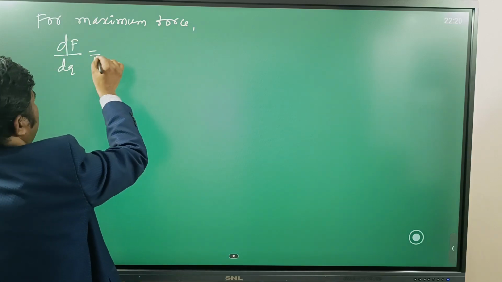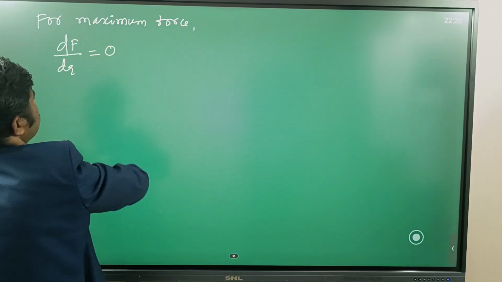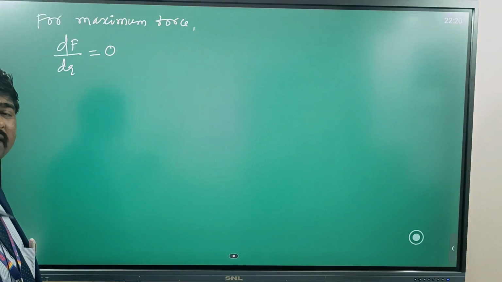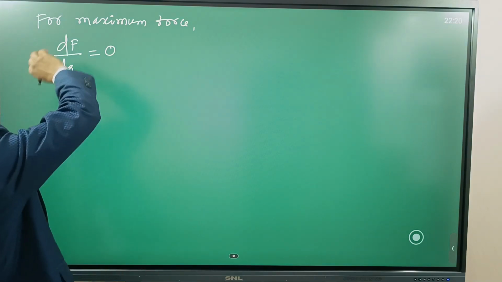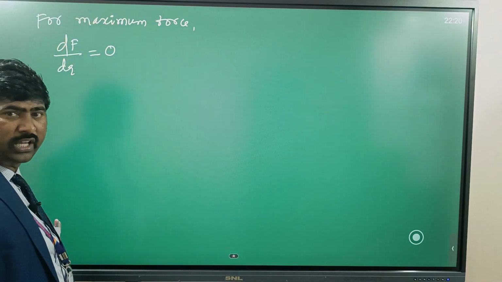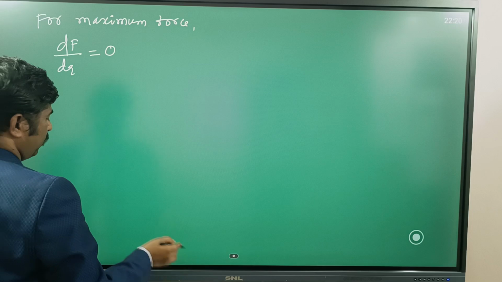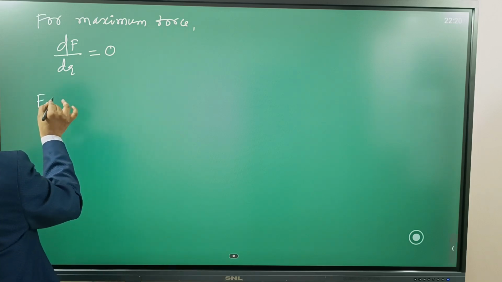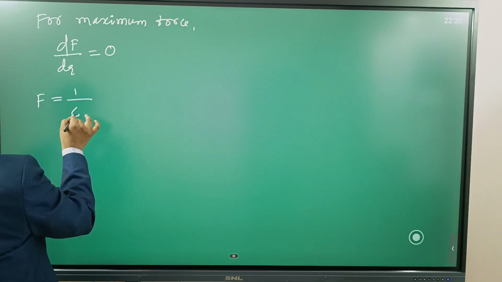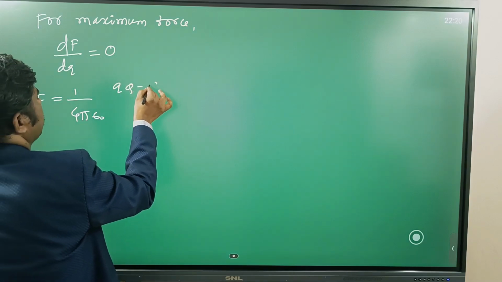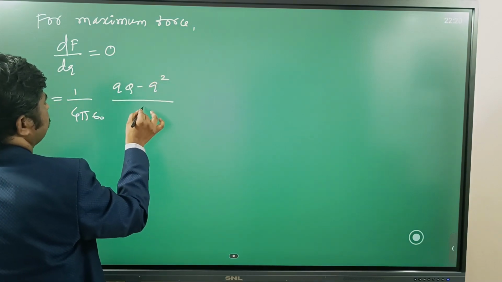For maximum force, dF divided by dq becomes 0. This is the condition for maxima and minima, which you come to know when you study differentiation. So I will write one more time: F is equal to 1 divided by 4 pi epsilon naught, into Qq minus q square, divided by r square.